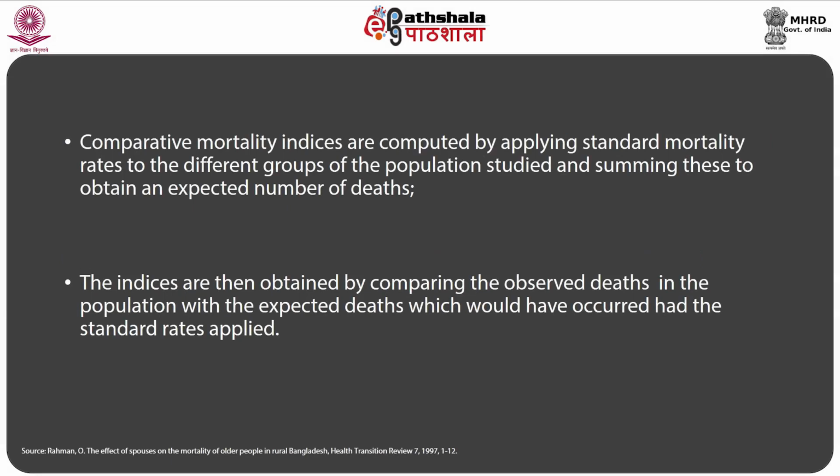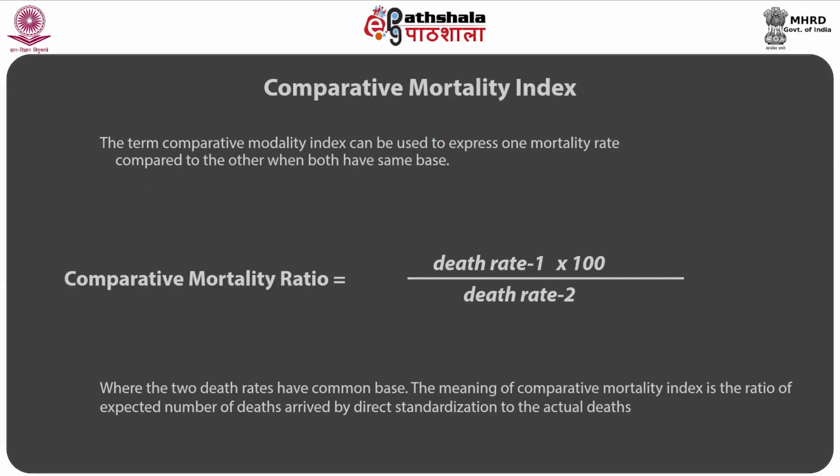Comparative mortality indices are computed by applying standard mortality rates to the different groups of the population studied and summing these to obtain an expected number of deaths. The indices are then obtained by comparing the observed deaths in the population with expected deaths which would have occurred had the standard rates applied.